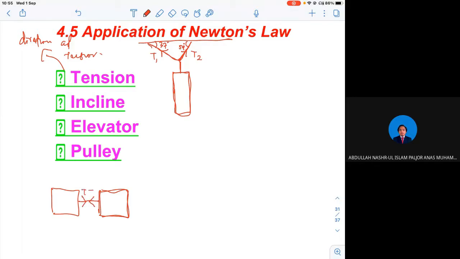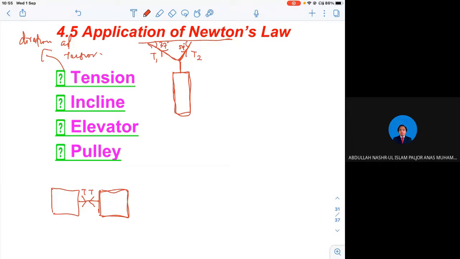So you will have the same tension. This applies Newton's third law. You will have the same action acting on the other one, and the other one will give a reaction equivalent to that tension also.